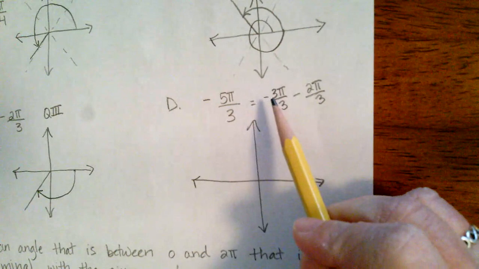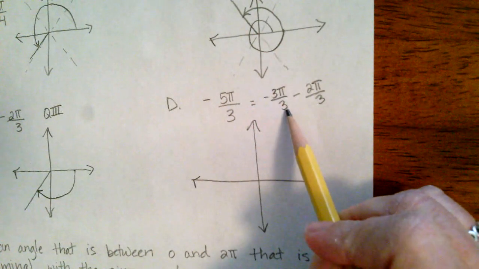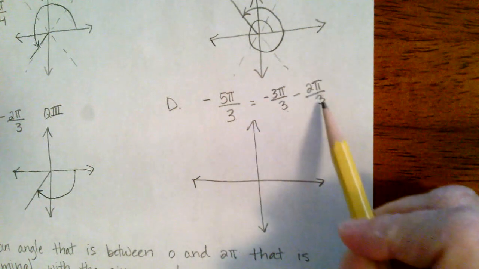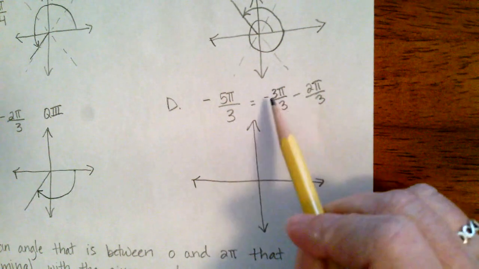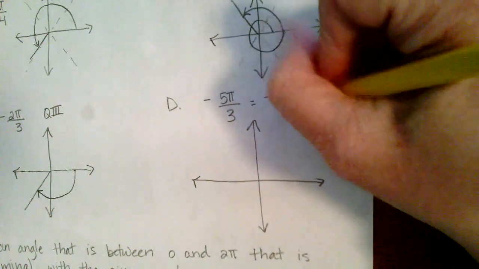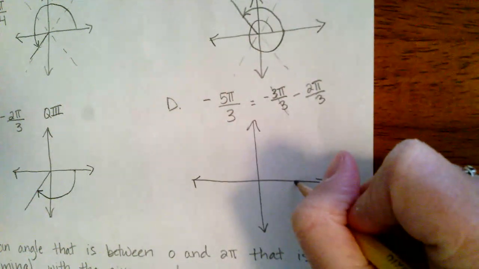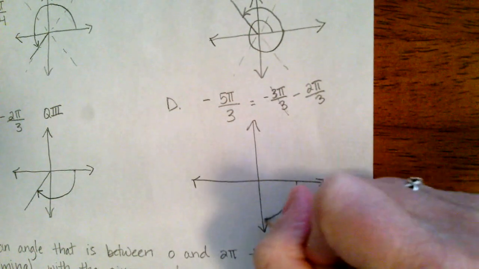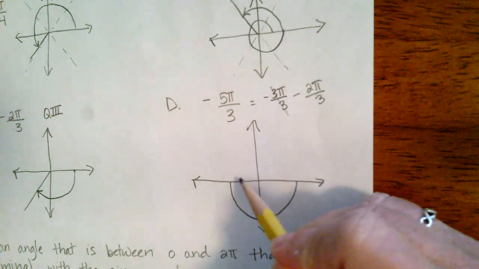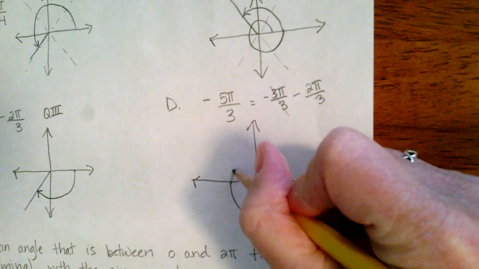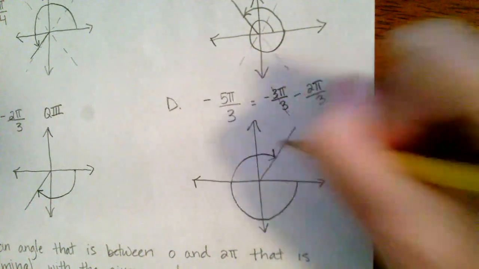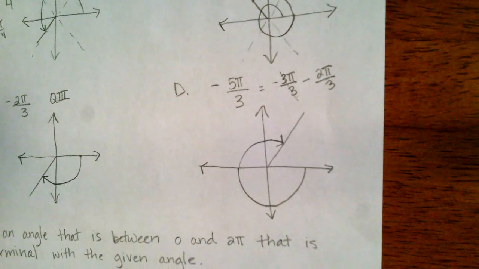I picked negative 3 because the 3 is the same as my denominator, and I want to keep these moving in the same direction, so that they'll add up to negative 5. Negative 3 pi over 3 is negative pi, so I'm starting here. Negative pi is one whole half circle, that's pi radians, and then I need to go another 2/3. So this would be my negative 5 pi over 3.